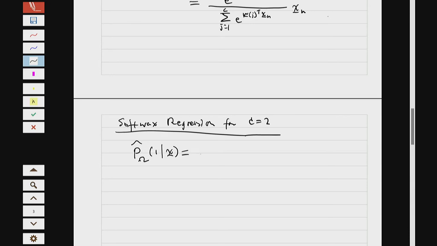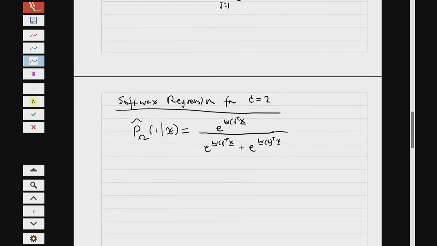By definition, it is simply e to the w1 transpose x, and here we have only 2, so over e to the w1 transpose x plus e to the w2 transpose x, right?